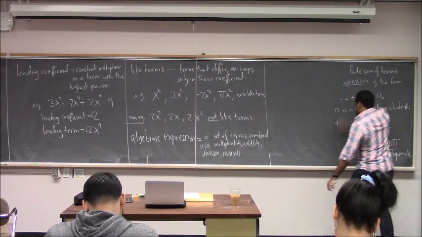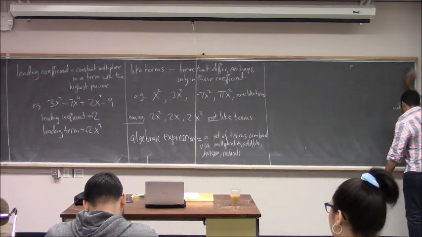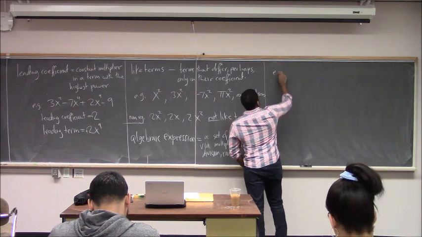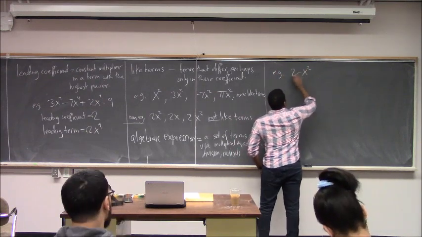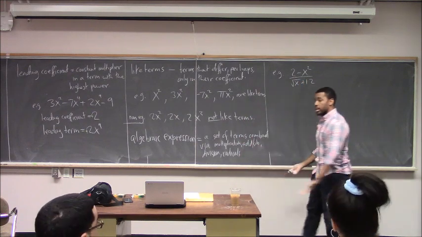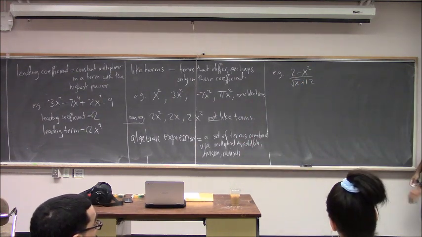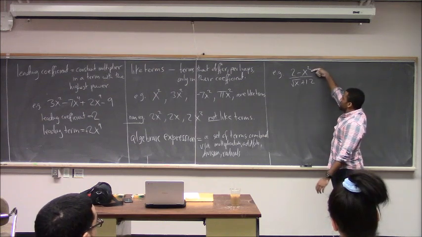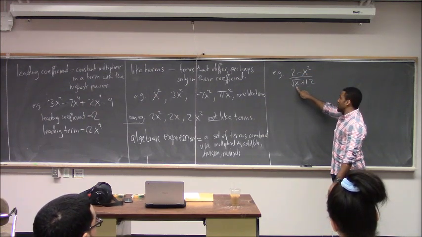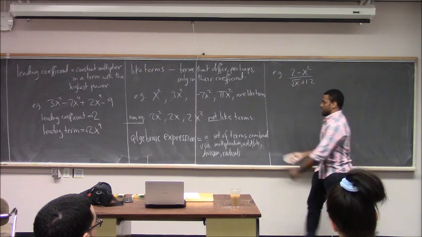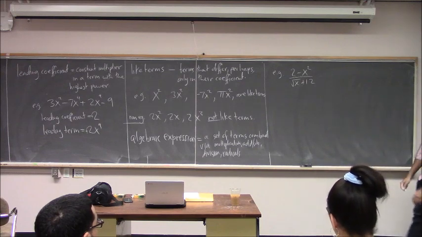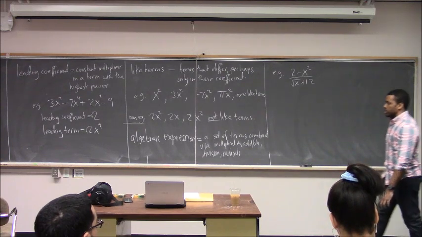So you can talk about a general expression. For example, 2x squared over radical x plus 12 is an algebraic expression. So I took a polynomial and I divided it by a radical of a polynomial plus a constant. I just took a bunch of things and I combined them via these mathematical operations. We call such a thing an algebraic expression.